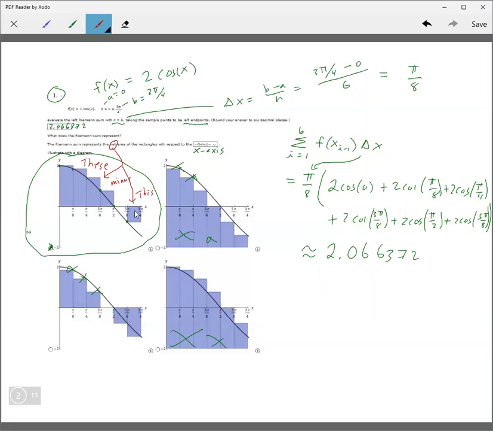If it's under the x-axis, then it counts as negative area. If it's above the x-axis, then it counts as positive area. So net area means you take the positive areas, the rectangles above the x-axis, and subtract the negative areas, which are the ones under the x-axis.